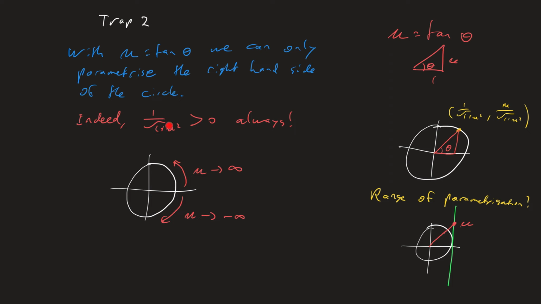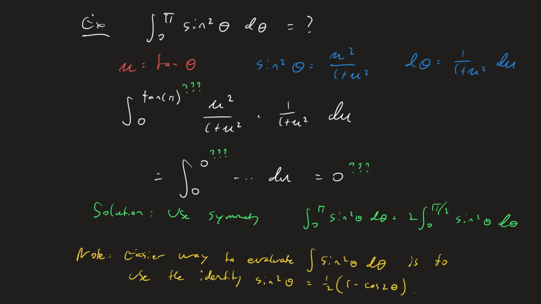Mathematically, we can see this is what's happening because the x-coordinate here is 1 on the square root of 1 plus u squared, and this is always positive. So at best, we can get only the right-hand side of the circle. As mentioned, if we naively try to perform this substitution for an integral from 0 to pi, we run into trouble because our parametrisation actually doesn't extend into the left-hand side of the circle.